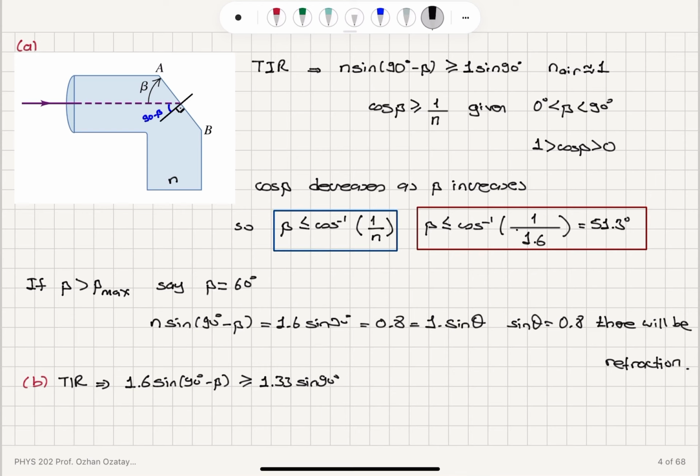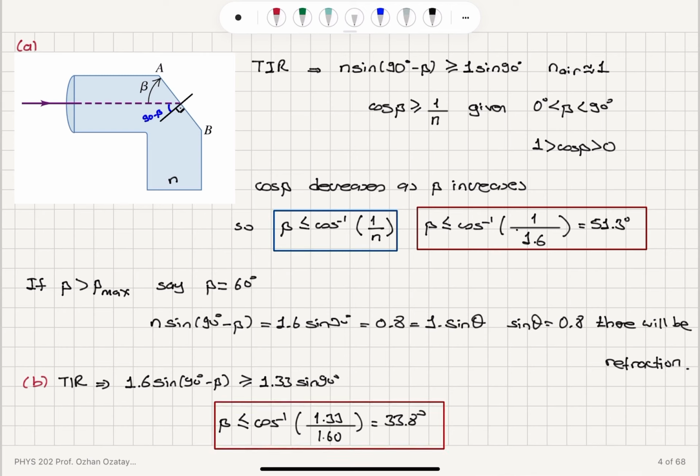And once again, this is a cosine beta, and this gives me beta is less or equal to cosine inverse 1.33 over 1.60, which is 33.8 degrees. So the maximum value that beta can have is 33.8 degrees.